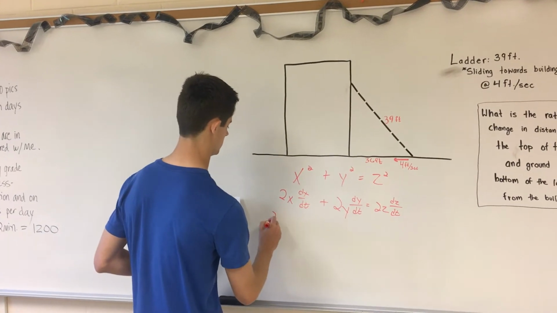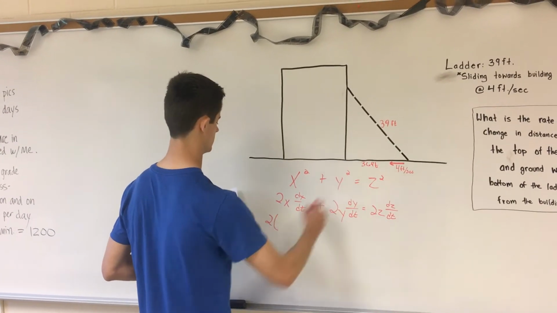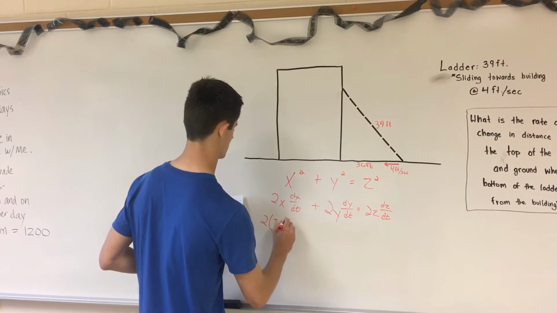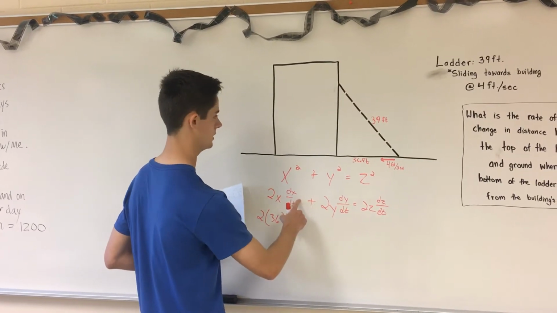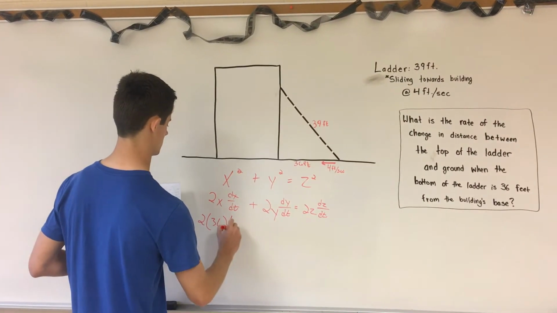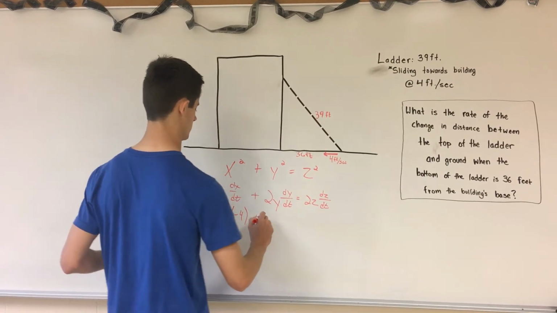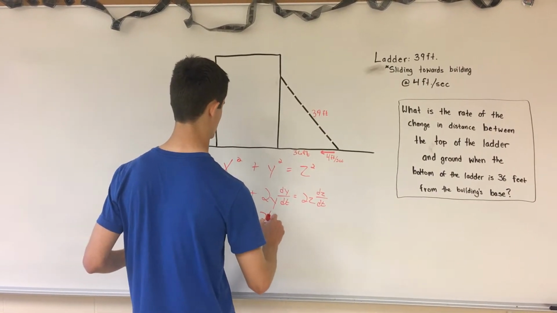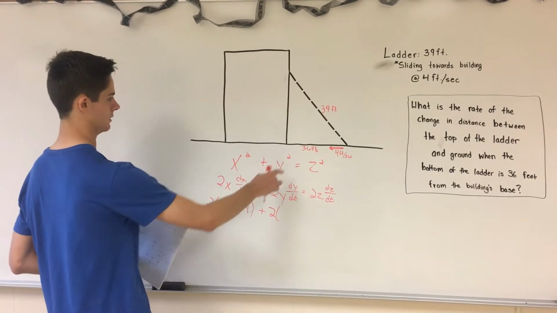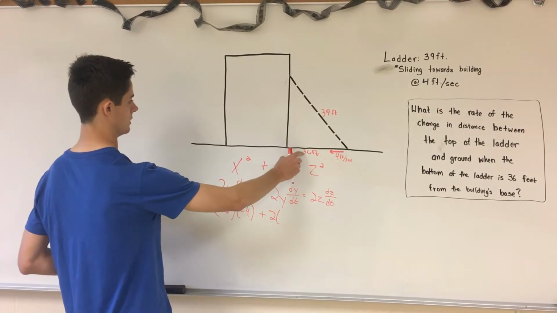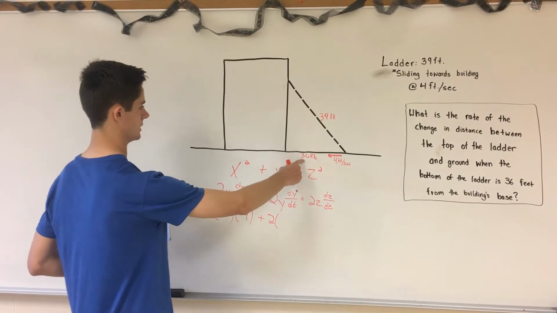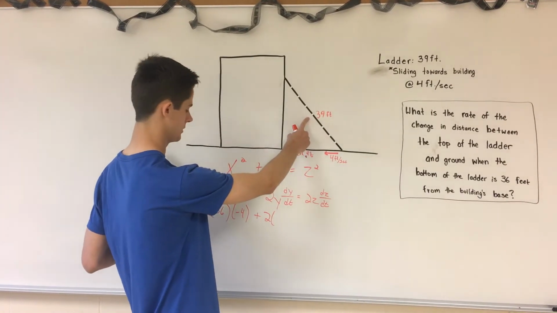And then what you're going to do is plug in your knowns. So it's going to be 2 times your x, which is 36, times your dx/dt, which is the rate, which is -4. And then you're going to do 2 times your y. And to solve the y, you're going to use Pythagorean theorem again. So your base is 36 and your hypotenuse is 39.